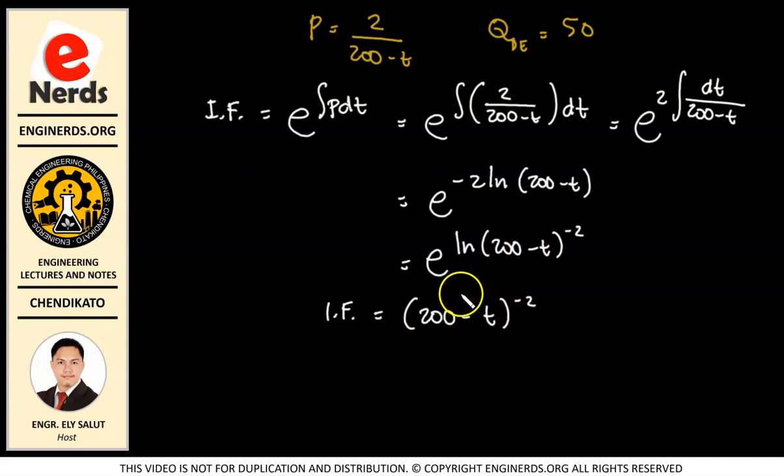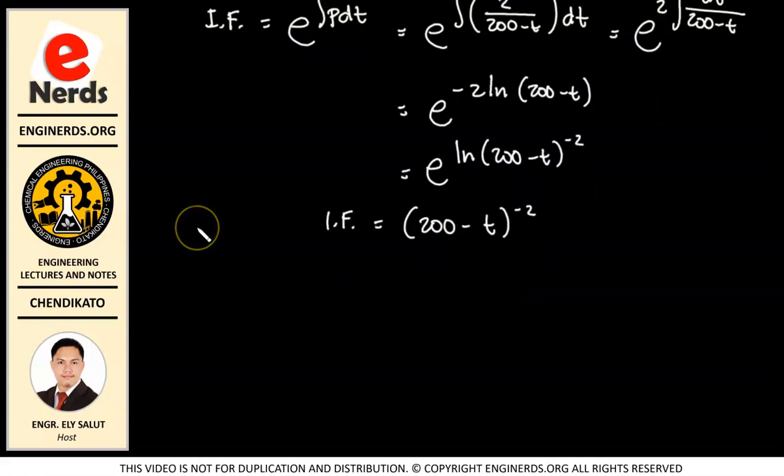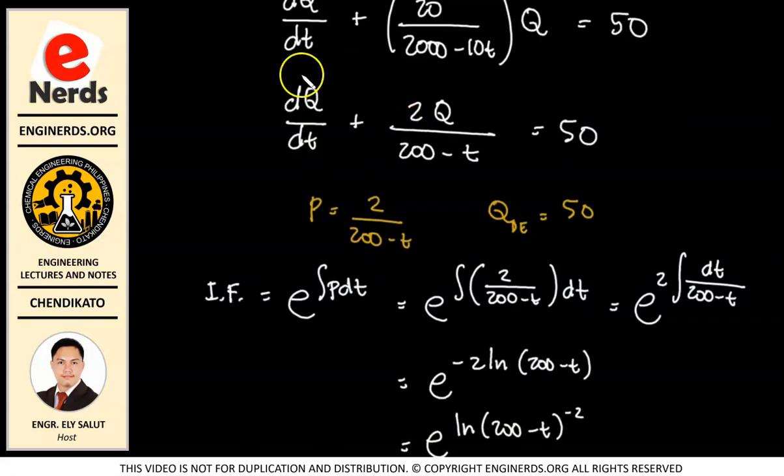by applying our rules of logarithm. Okay, so apply na natin ngayon yung natutunan natin in solving the differential equation ng linear equations of the first order. So to get that, we have our integrating factor, which is 200 minus t to the negative 2 multiplied to our q. Okay, because in this equation, we will just be multiplying our integrating factor by q in here.